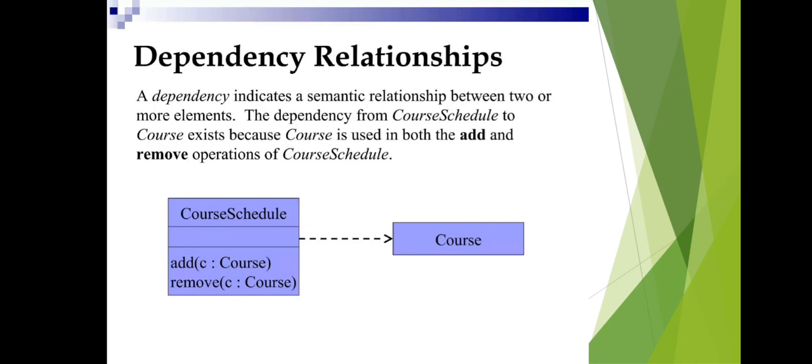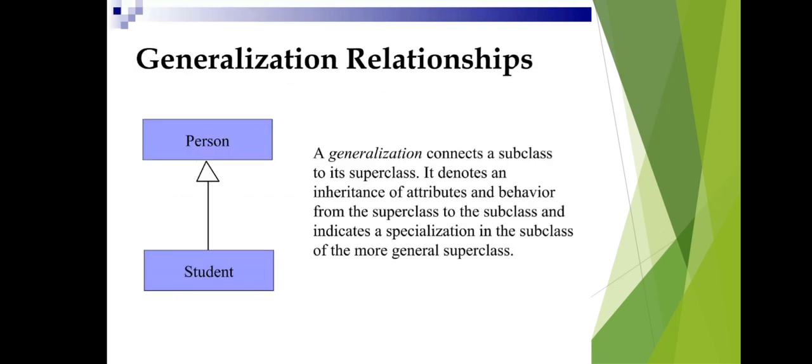Dependency is shown by a dashed line with an arrow sign between the two classes. Second is the generalization relationship. A generalization connects a subclass to its superclass. Generalization denotes the inheritance of attributes and behavior from the superclass to the subclass, and indicates specialization in the subclass from the more generalized superclass.